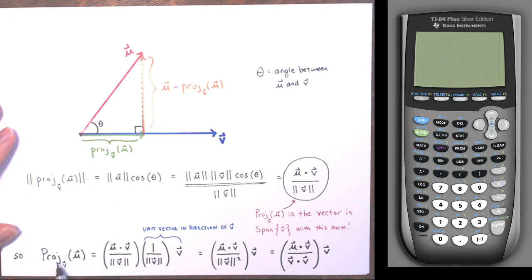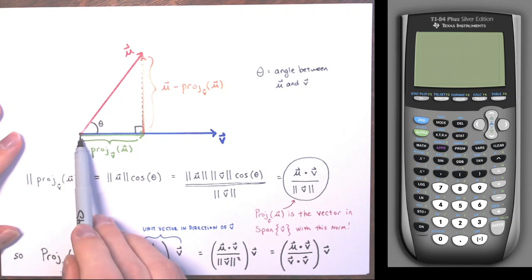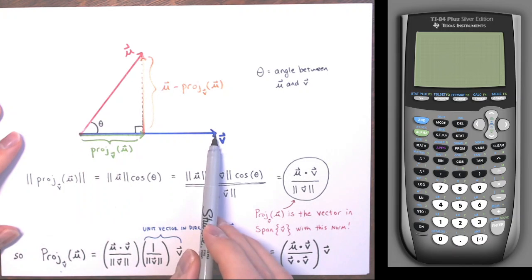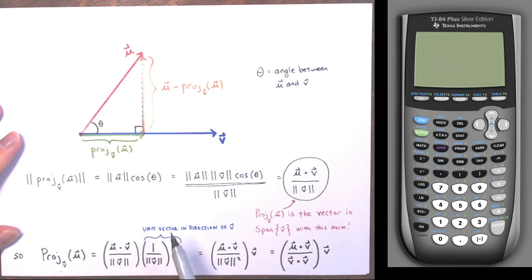So the projection of u onto v is, this is a scalar, u dot v divided by the norm of v, and I simply multiply by the unit vector in the direction of v. If I take vector v and normalize it, multiply v by the reciprocal of its norm, this is the unit vector in the direction of v.